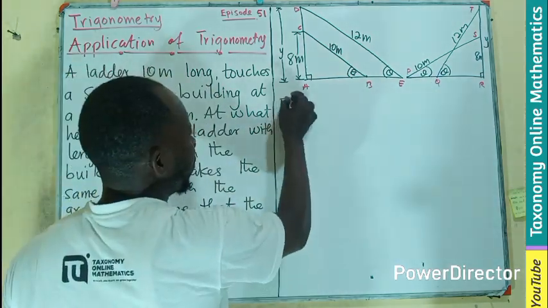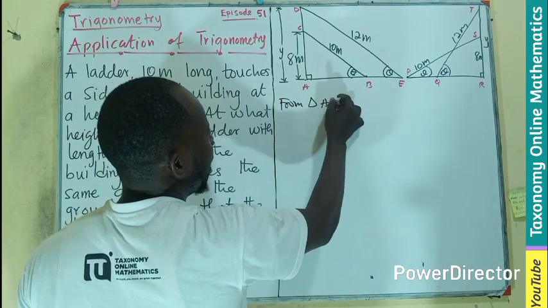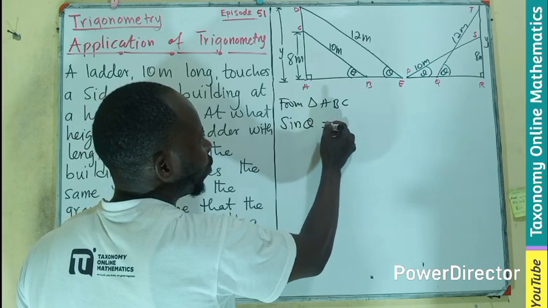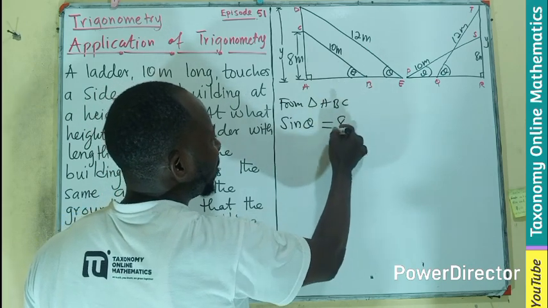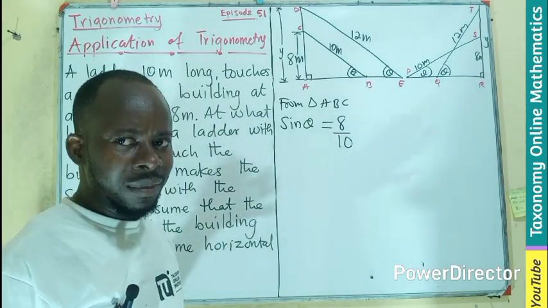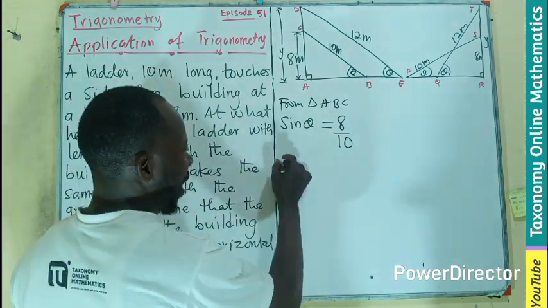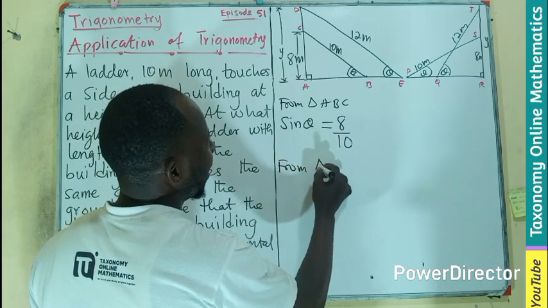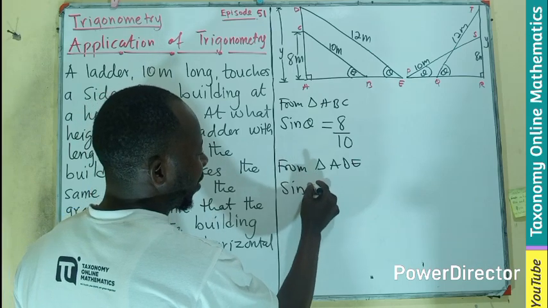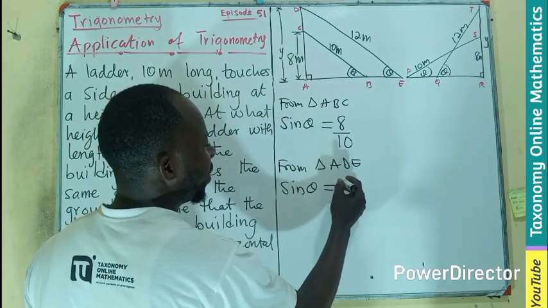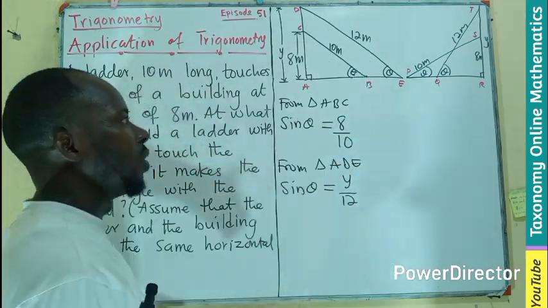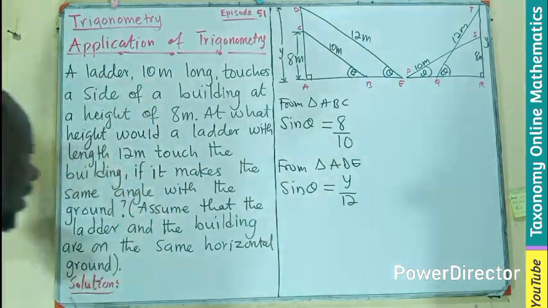I can say that from triangle ABC, I can have the sine of the angle equals the opposite side, which is 8 meters, divided by the hypotenuse, which will be 10 meters. Is that okay? Then we can also say that from triangle ADE, the sine of the angle theta will be the same as the opposite side, y, over 12, the hypotenuse side. If you follow that diagram, you get the same thing. But there is something here.